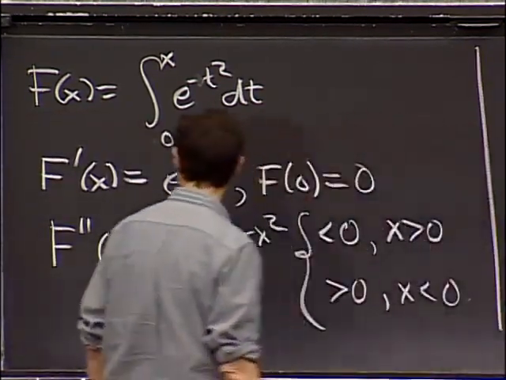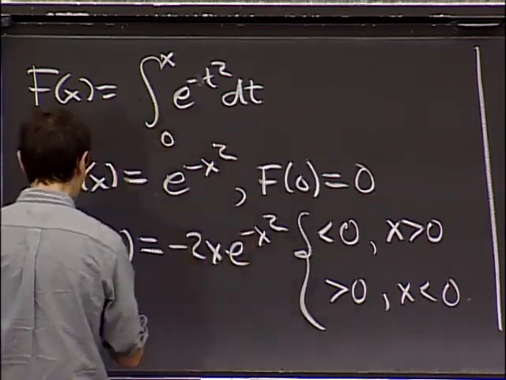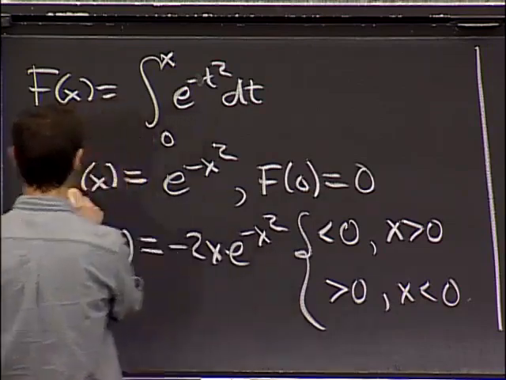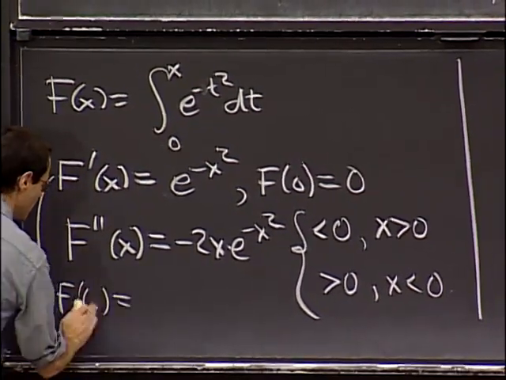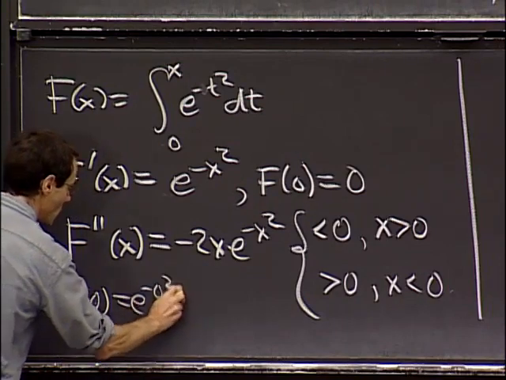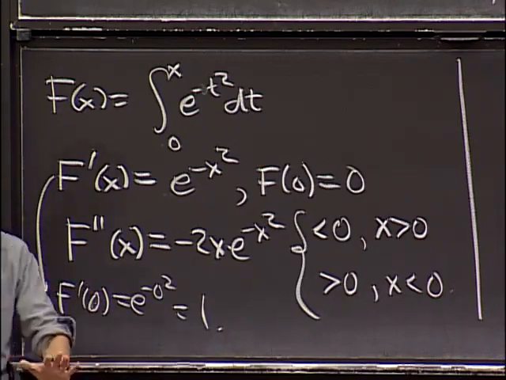And maybe to get started, I'll remind you, f of 0 is 0, and it's also true that f prime of 0 comes right out of this. F prime of 0 is e to the minus 0 squared, which is 1. That means the tangent line again has slope 1. We do this a lot with functions.